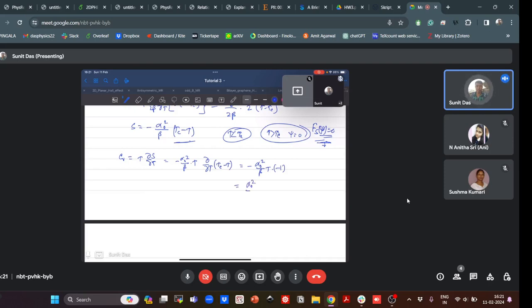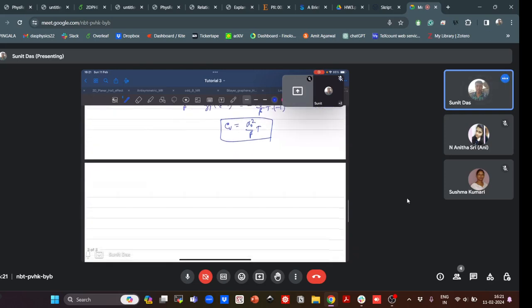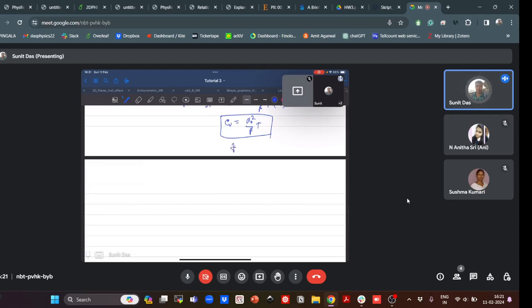So alpha_0 squared by beta into T, right? So this is C_V for the superconducting state.